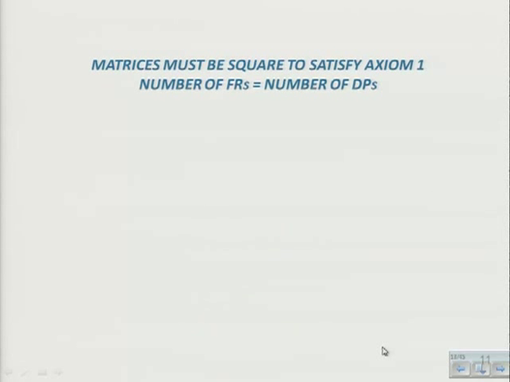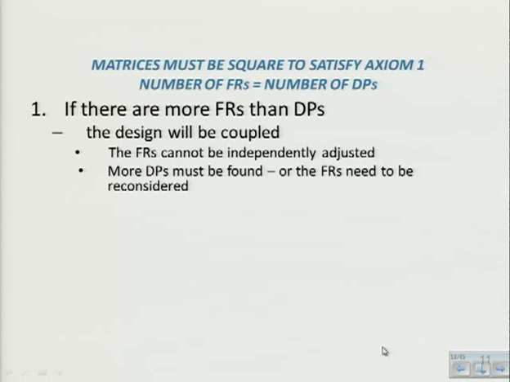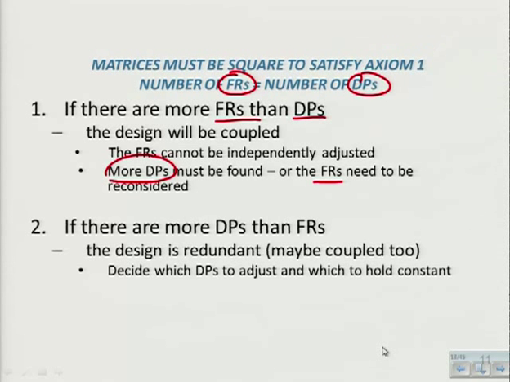All right, so here's something we can know right away. The matrices must be square. In other words, the number of FRs has to equal the number of DPs for this to work right. So here are your choices. If you have more FRs than DPs, then either you need more DPs or you need to reconsider the FRs.